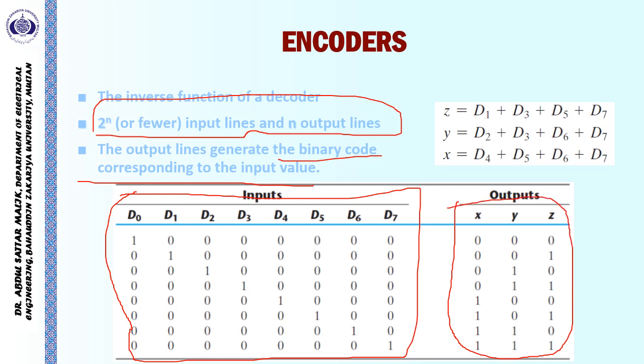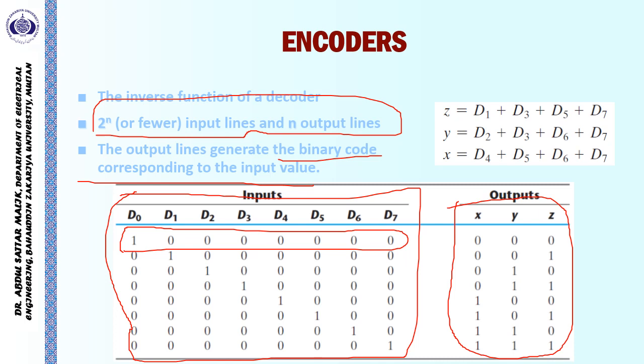Obviously these 8 input lines will have 2 raised to the power 8, 256 combinations. But out of those 256 combinations, we are only taking those 8-bit combinations in which only one variable is 1 and all the remaining variables are equal to 0.